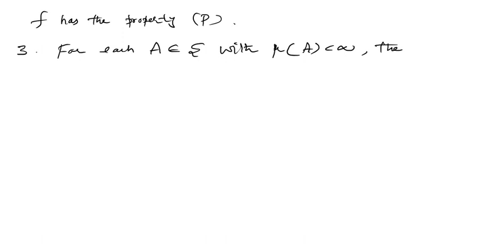Characteristic functions are always integrable. If its measure is finite, the measure is finite here, so the characteristic function of this set is always integrable. But it also has the property P.